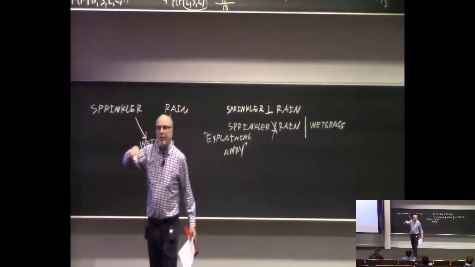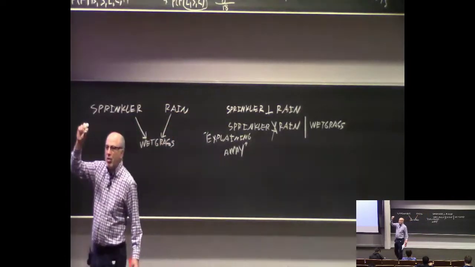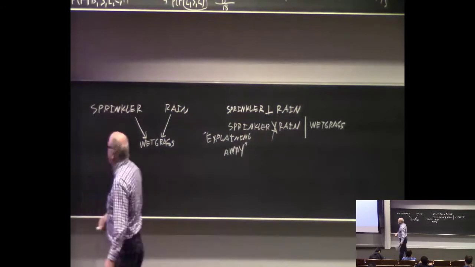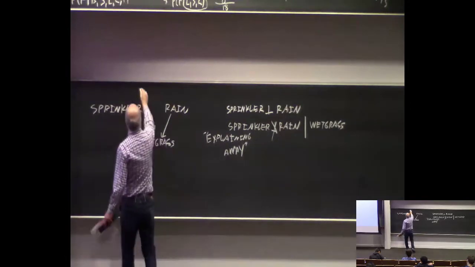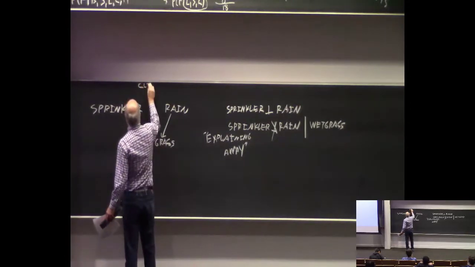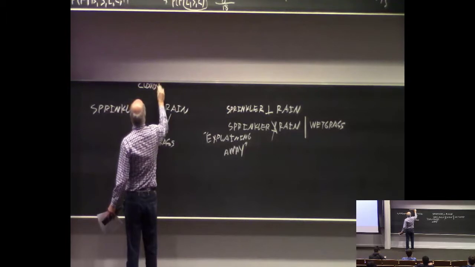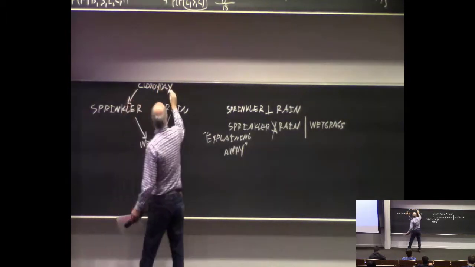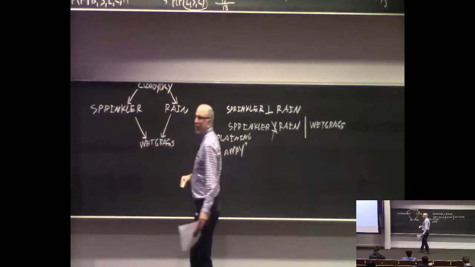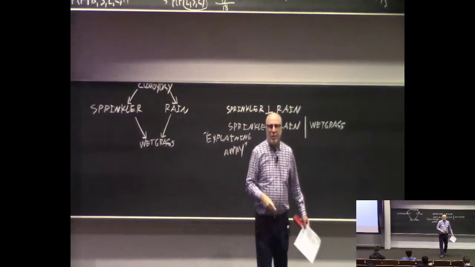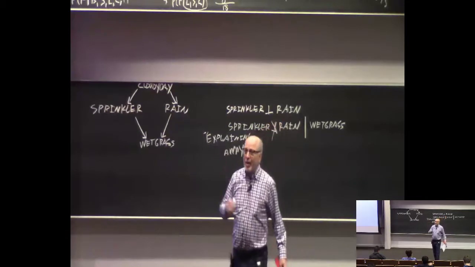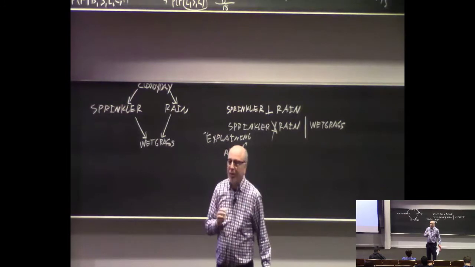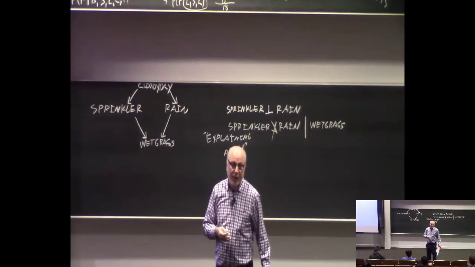Now let's look at an inverted V structure when you have a single cause and two effects. Here you have two causes and a single effect. The single cause is going to be prediction of a cloudy day. Cloudy day means that you look out in the morning and it's cloudy. Well, whether it's cloudy or not changes the probability that it's going to rain.